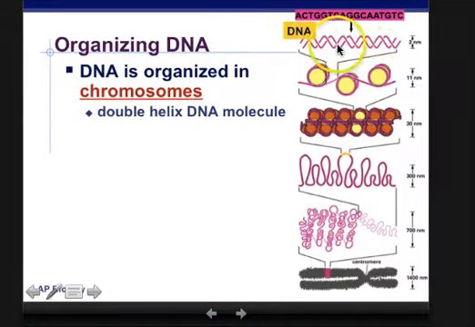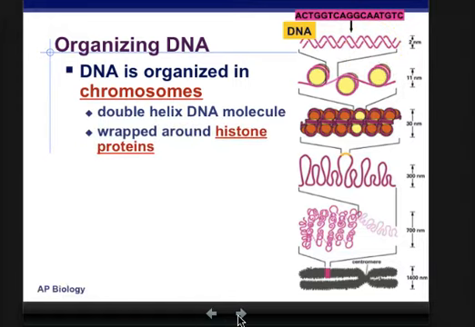So there's the DNA, and it is wrapped around histone proteins. Okay, so that will be the next level of organization here. And this is all to compact it, to take long, long, long strands of DNA and get it compact and organized so that it can be easily divided up.